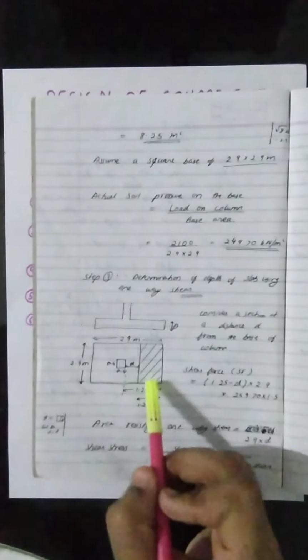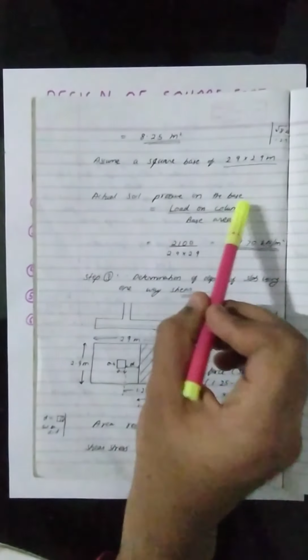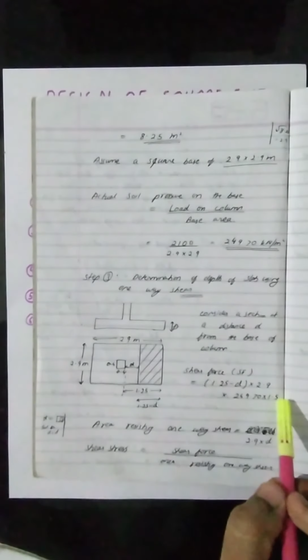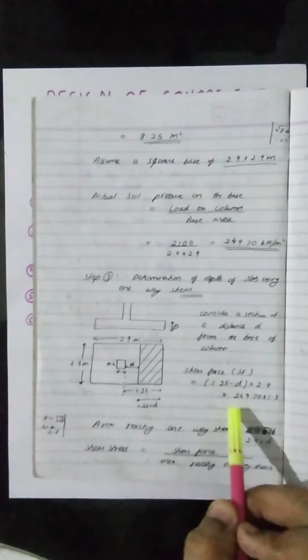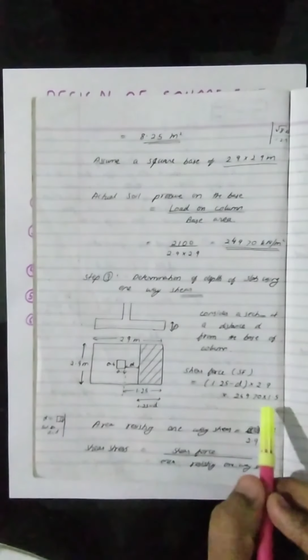Shear force is equal to this shaded area into this actual soil pressure on the base, that is 249.70, into the factored value, that is 1.5, factor of safety 1.5. So shear force becomes (1.25 minus d) into 2.9 into 249.70 into 1.5.